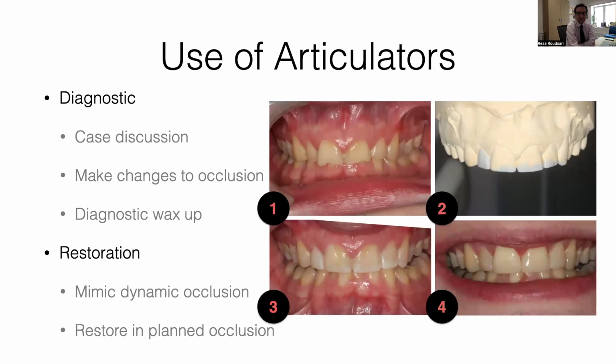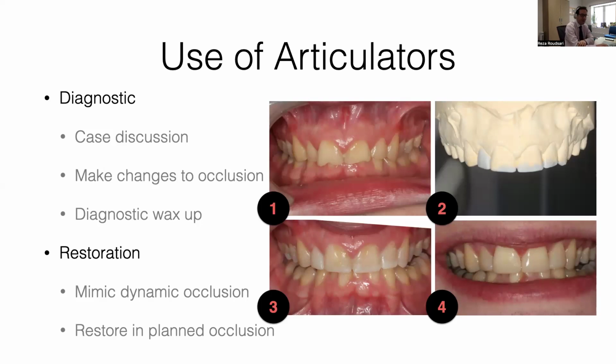For instance, this is a case of mine. In picture number one, you can see the patient who has suffered localized anterior wear. In picture two, I do apologize, we've sent the impressions and a facebow mount, and the laboratory have done some wax-ups.